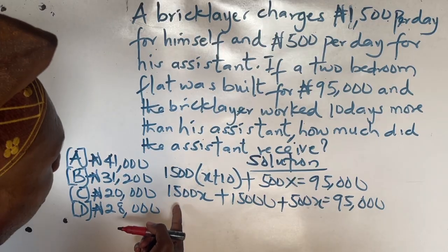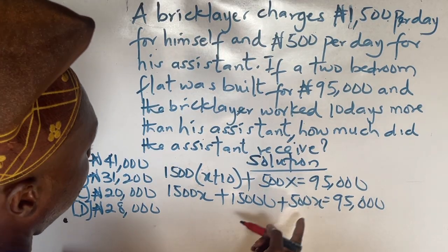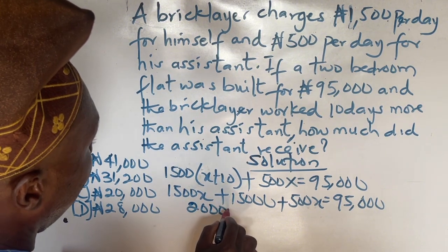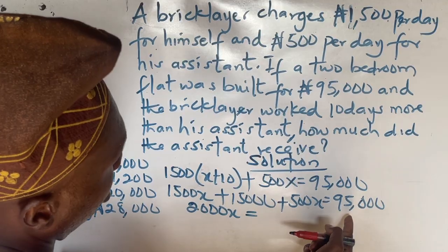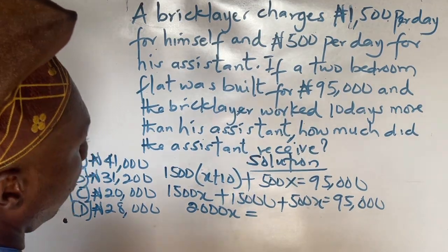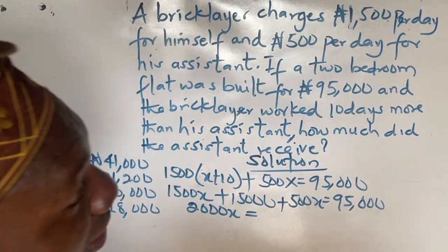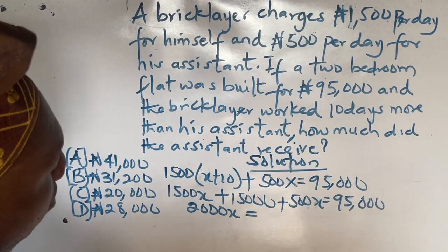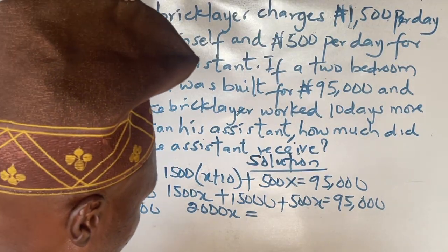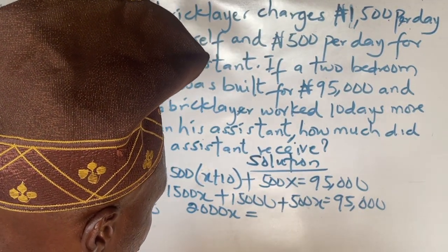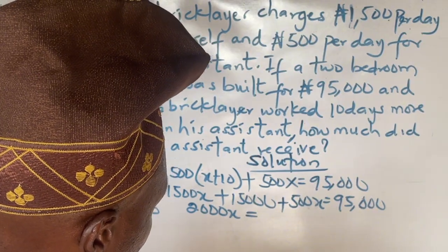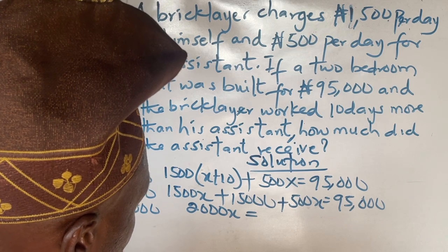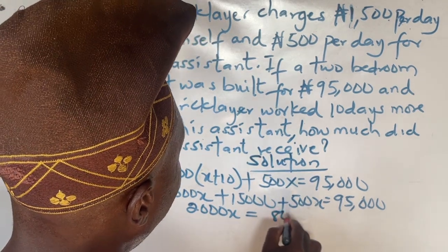So if you do this very well, 1,500x plus 500x will give you 2,000x equals, when we subtract 15,000 from 95,000, 95 minus 15. Let's do that. 95,000 minus 15,000 will give you 80,000.